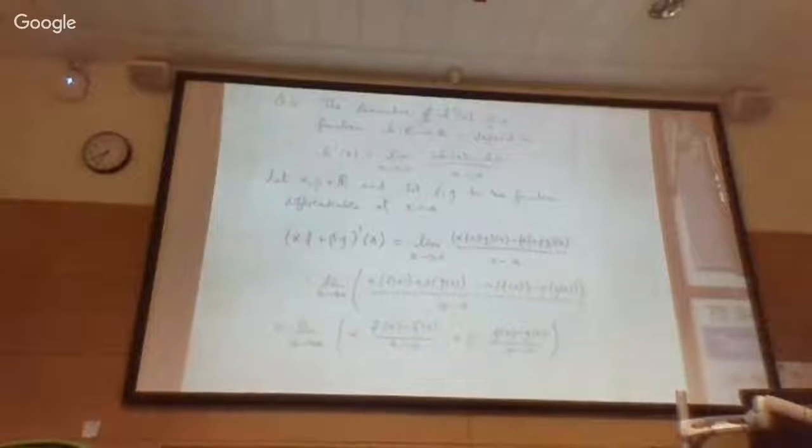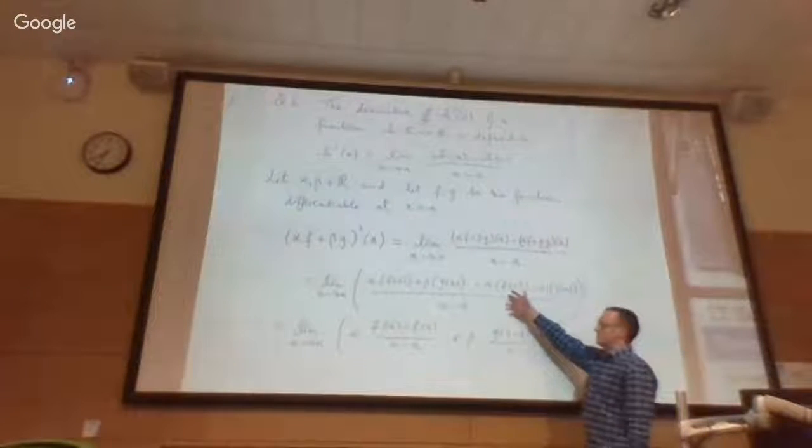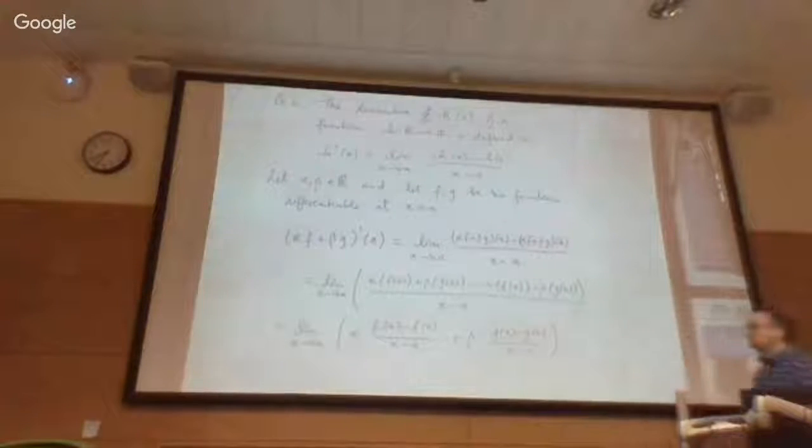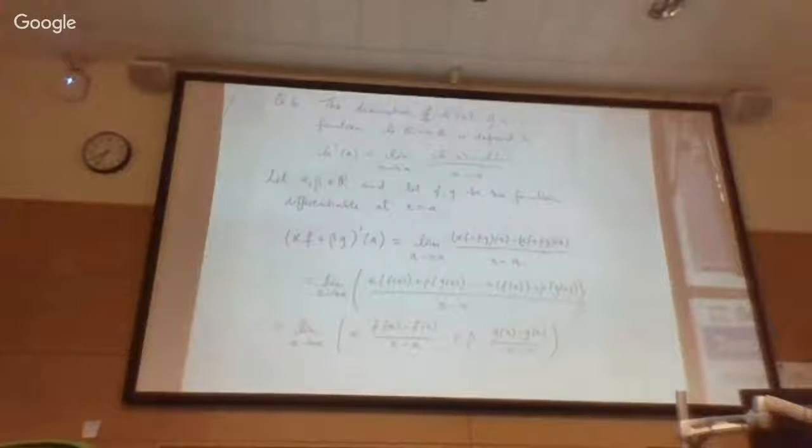So the justification for that is just simply algebraic manipulation of this numerator and just splitting apart the two fractions. The rules for addition of fractions.